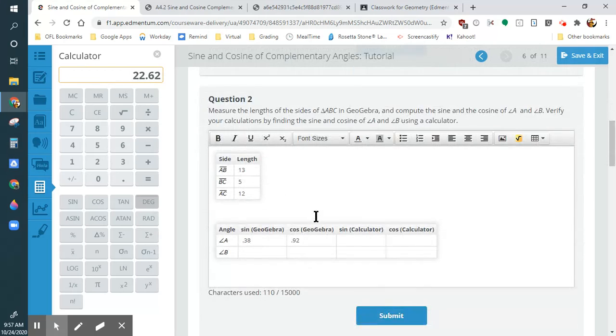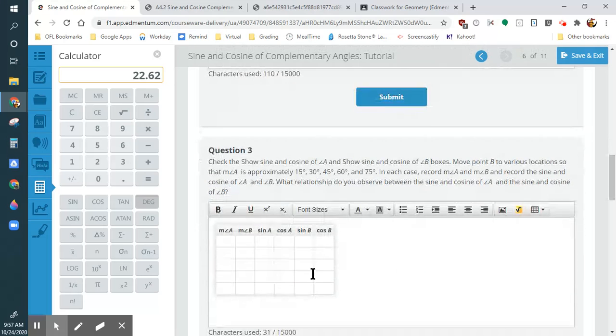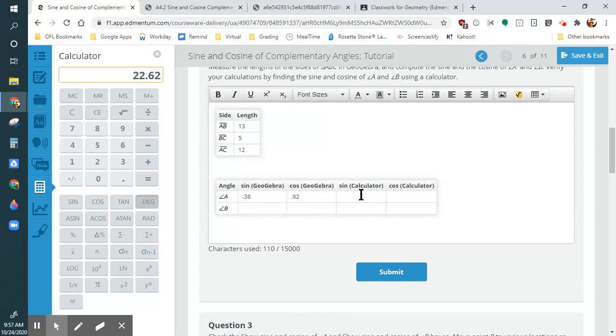22.62. We'll scroll down and we want to find, with the calculator, the sine. So when we type in sine, we get that 0.38 also. 0.385. Just to be a little more specific. 0.3846.